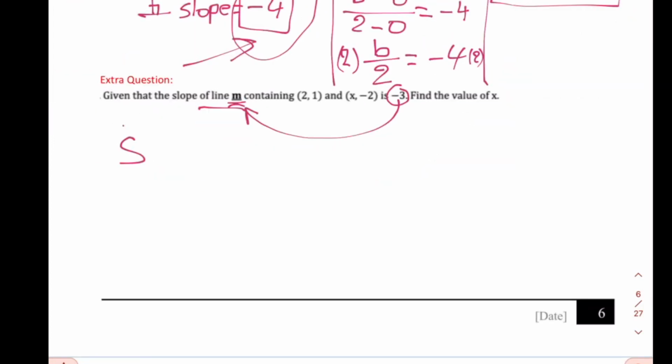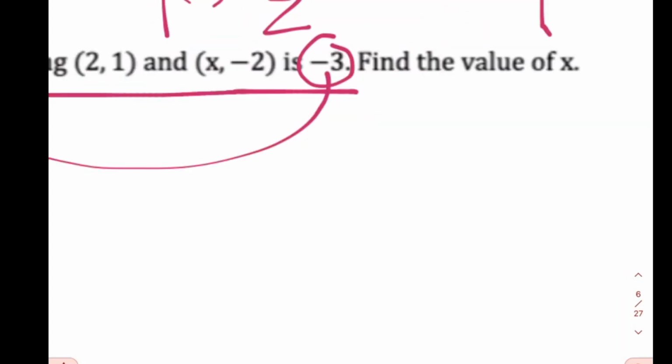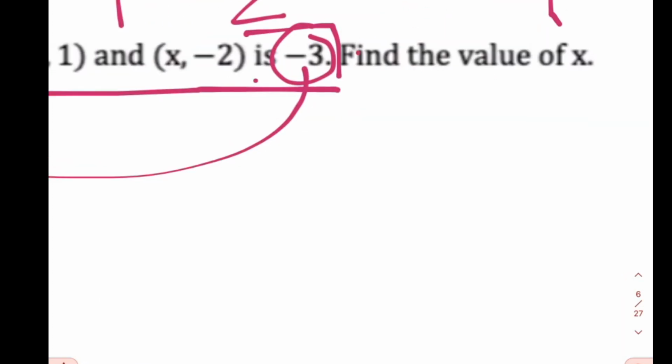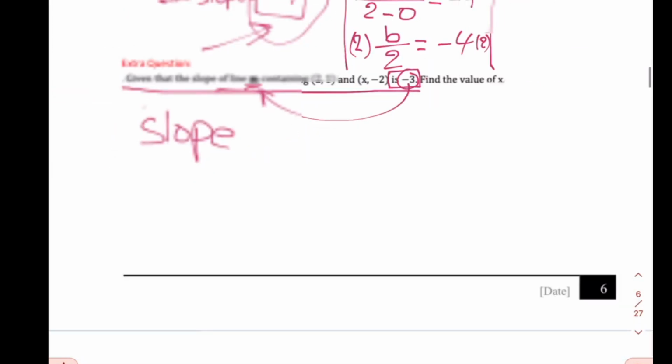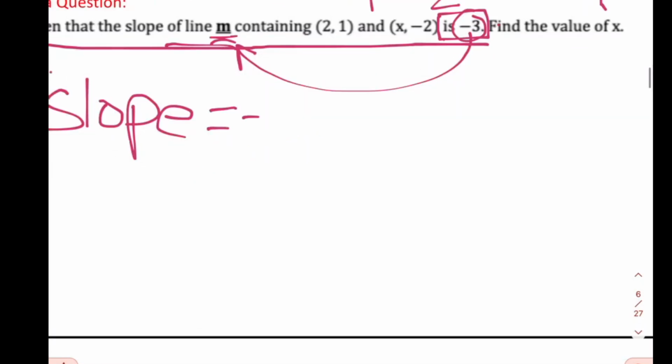So, you have to be good at English, because you have to read the sentence. Given the slope of line M containing these 2 points is negative 3. So, who is negative 3? Now, that is the slope. So, slope equals negative 3. Now, we have 2 points.